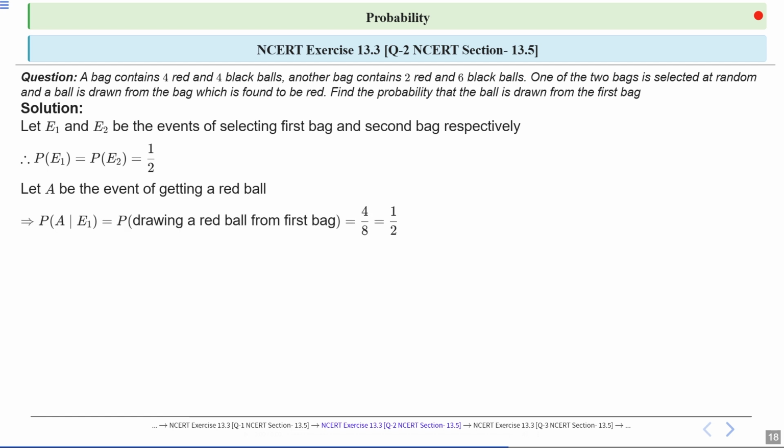It implies probability of A given E1 equals the probability of drawing a red ball from the first bag, which is 4 by 8 equals 1 by 2. And probability of A given E2 equals the probability of drawing a red ball from the second bag, which is 2 by 8 equals 1 by 4.